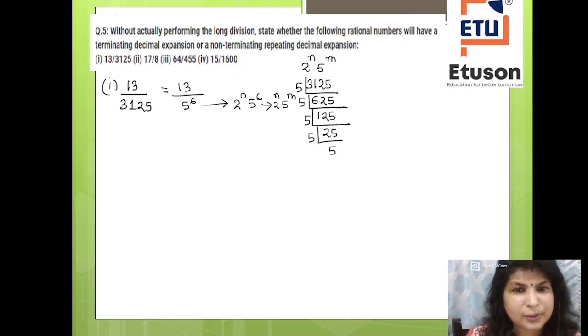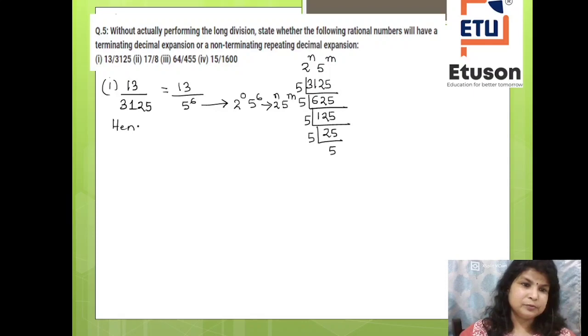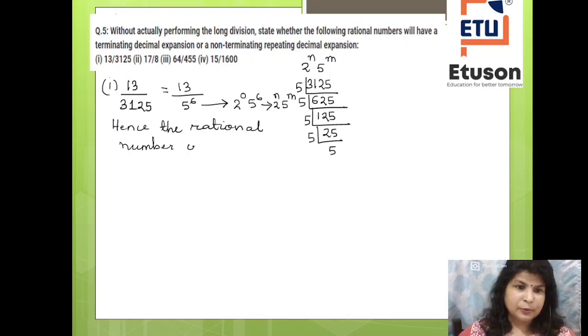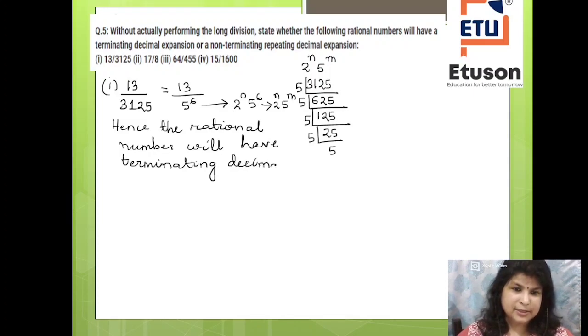So because it is in the form of 2 to the power n, 5 to the power m, hence the rational number will have a terminating decimal expansion, correct?